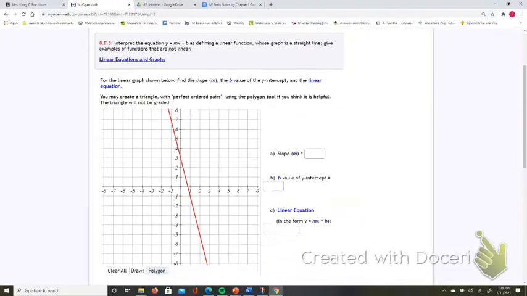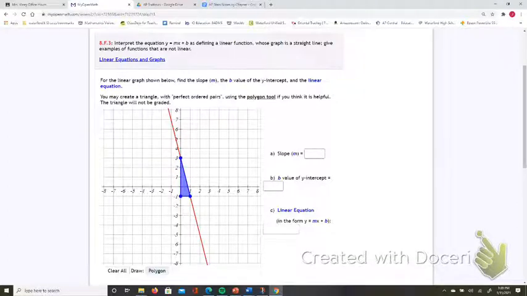Okay, this is a review of ones that we did last semester. So the first thing that you need to do is find your slope. So we make our slope triangle, okay? So we find a perfect point. I'm going to find one right there. And then I find another perfect point, and I find one right there.